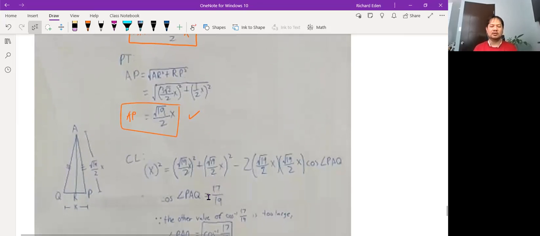Yes. And so finally, you use the cosine law. Okay, x squared, so that minus cosine angle PAQ. You didn't show the work, but I suppose that's what it's going to end up being equal to.